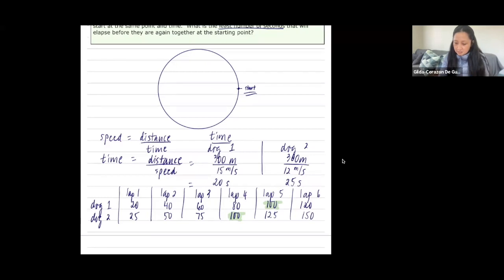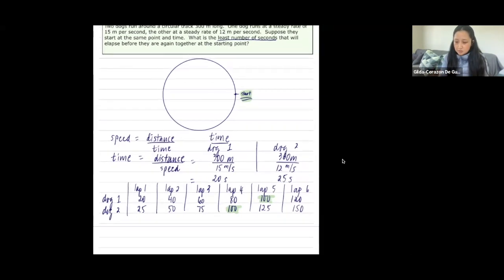All these would be when they would be at the starting point again. After 20 seconds, after 40 seconds, but the same time that both of them would be at the starting point would be when the first dog finishes 5 laps and the second dog finishes 4 laps, after 100 seconds.